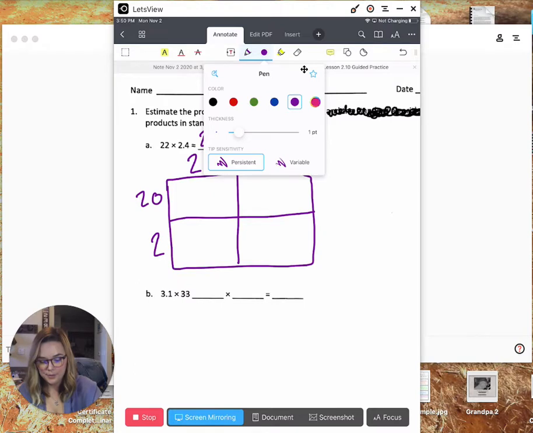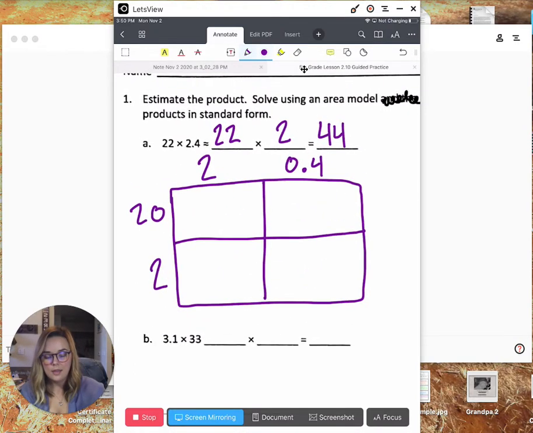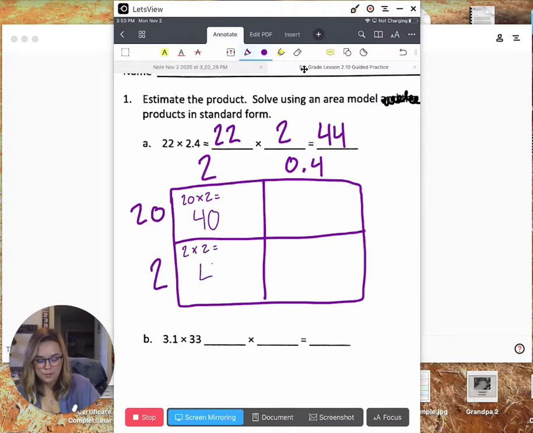Make my pen a little smaller, a little easier to write in boxes. And then we can start multiplying. So we have 20 times 2, which equals 40. And 2 times 2, which equals 4. Then we have 20 times 4/10, and we have 2 times 4/10.